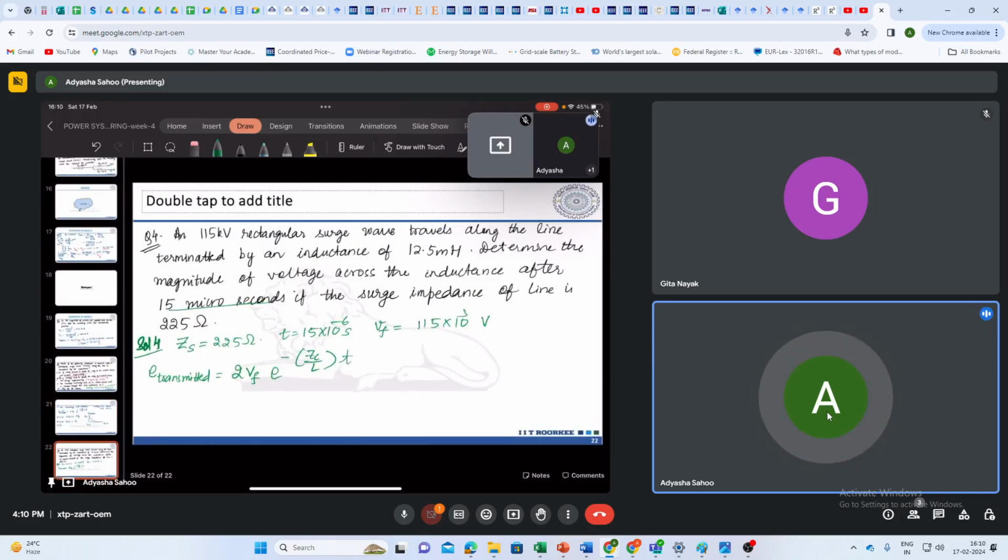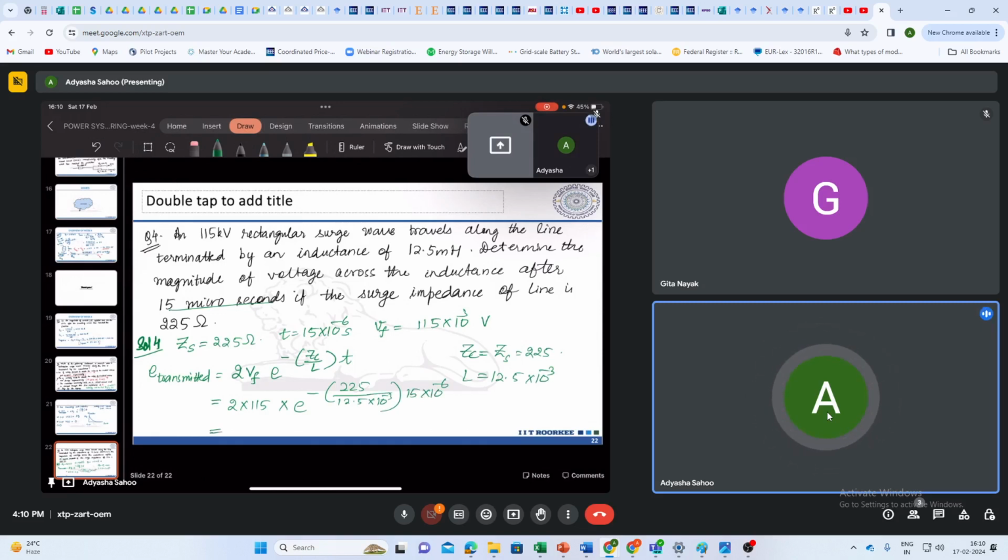Here the characteristic impedance of the line is the same as the surge impedance, given as 225. So 2 into 115 into e to the power minus 225 divided by L, which is 12.5 into 10 to the power minus 3 henries, times t, which is 15 into 10 to the power minus 6.